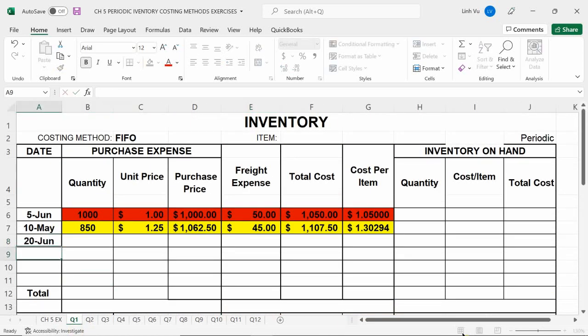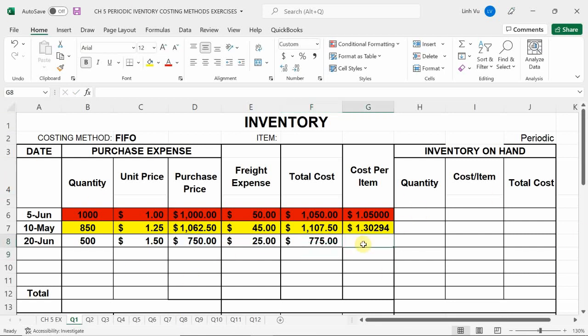It is June 20th. We purchased 500 units at $1.50 with a freight of $25. So in this case, my purchase price here is going to be $750 plus 25, which gives me $775.